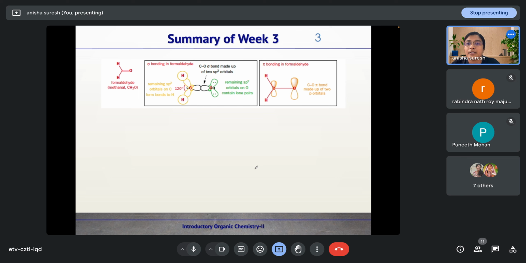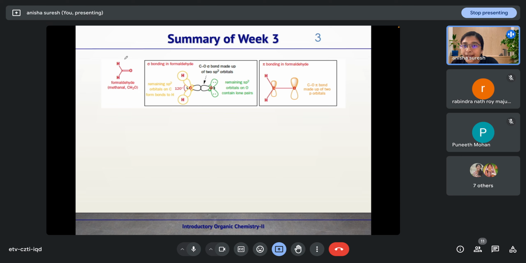Now, when we discuss the molecular orbital picture of carbonyl compounds, we can see this is methanal. There is a carbonyl C double bond O, and this carbon is bonded to two hydrogen atoms. We can see how the bonding is taking place.